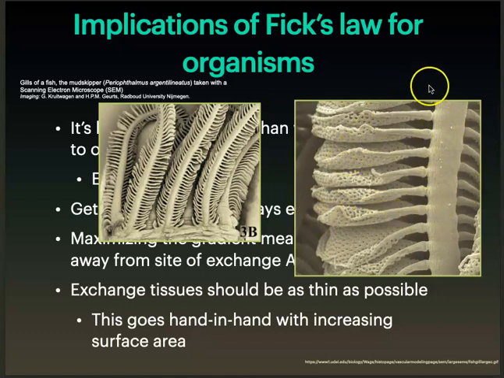And I encourage anyone who's interested to look at this website, which has more of these types of electron micrographs. Technically, they're not scanning electron micrographs because they're looking at the inside of the object rather than the outside.